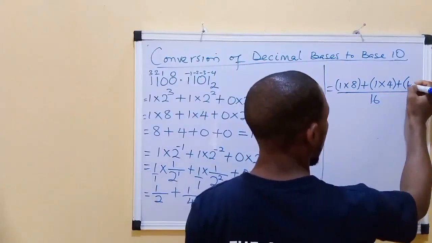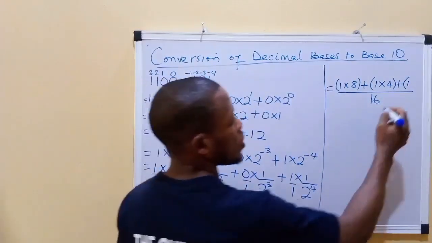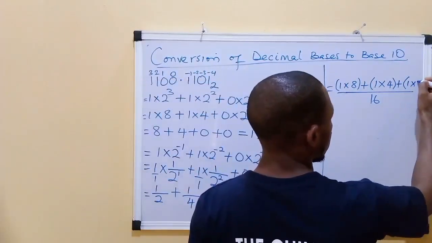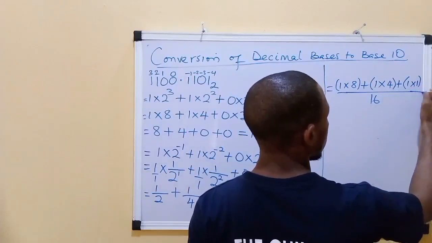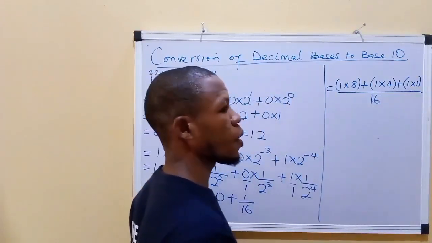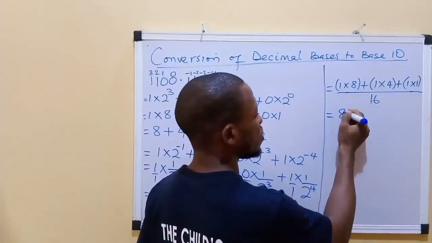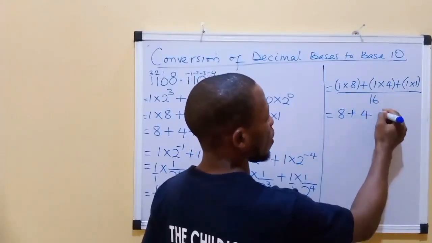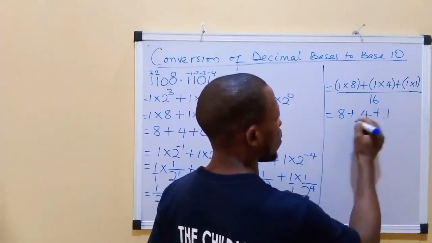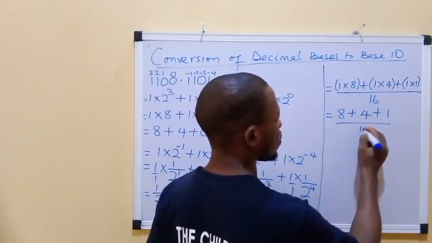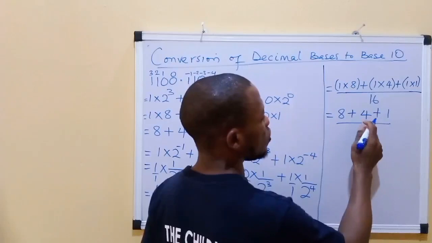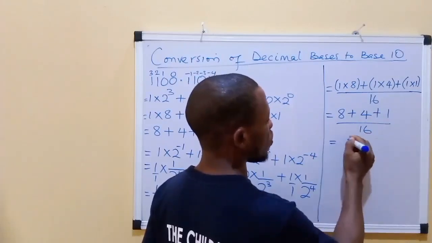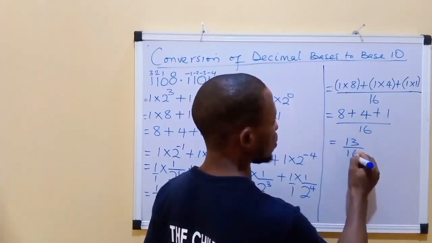So we have 1, which is the numerator here, times the quotient we got, which is 1. 1 times 8 gives us 8, plus 1 times 4 gives us 4, plus 1 times 1 gives us 1, all over 16. 8 plus 4 is 12, plus 1, 13. So we'll have 13 all over 16.